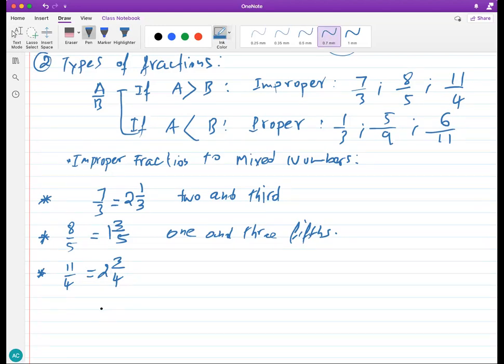So again, each mixed number has a whole part, and of course, in addition to the whole part, we have the fraction part. So that's why it's called a mixed number.